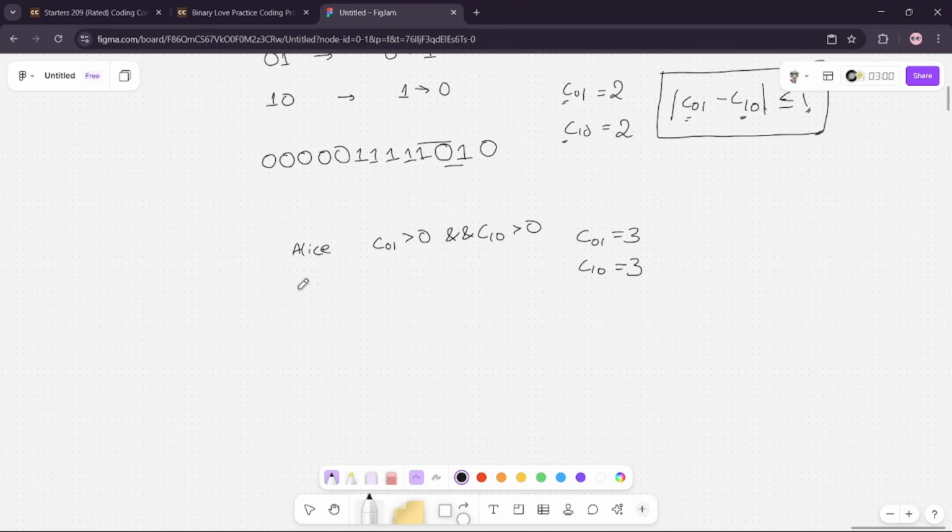In case either C01 or C10 is 0, then Bob is going to win the game.